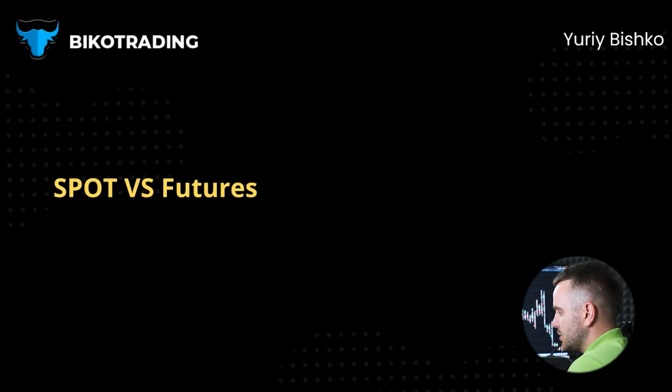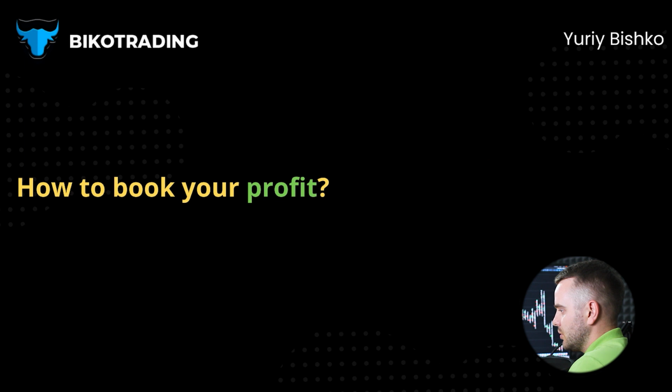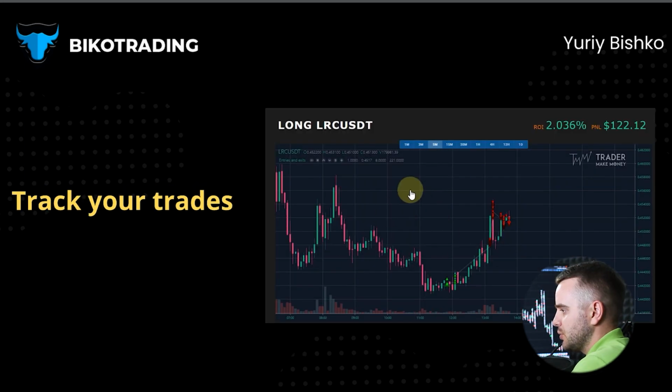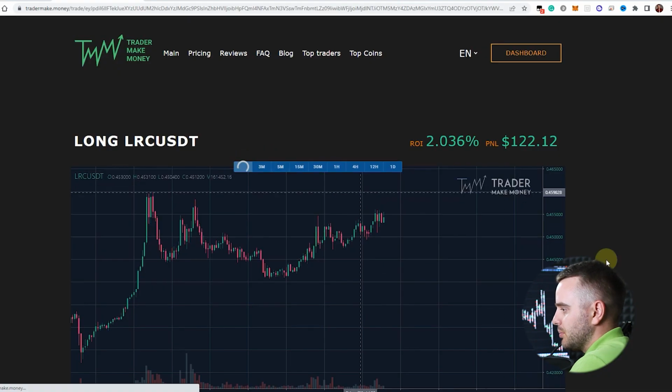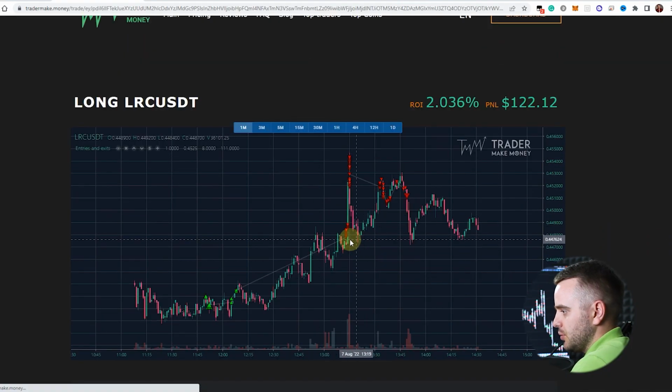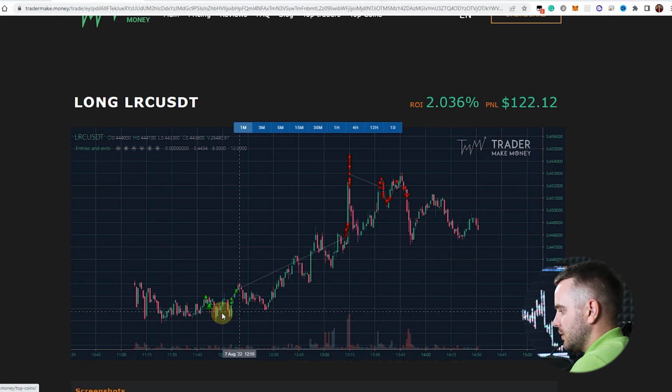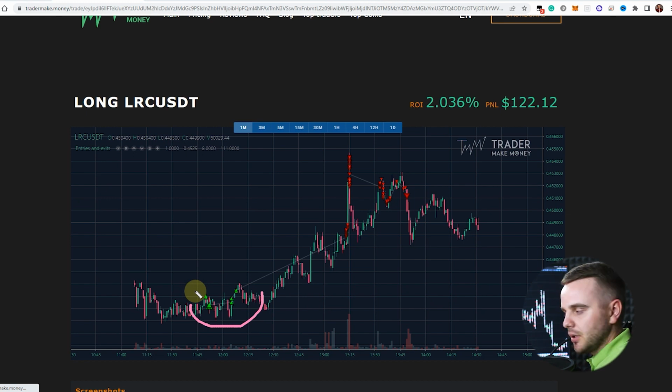The last and most important question that most of you would ask: how do we book our profit? Let's do it by these examples that we took today. I book profit by parts. What I recommend you to do, have a look. This green stuff means my entries. It is the places where I build a position. And this red means when I get out.